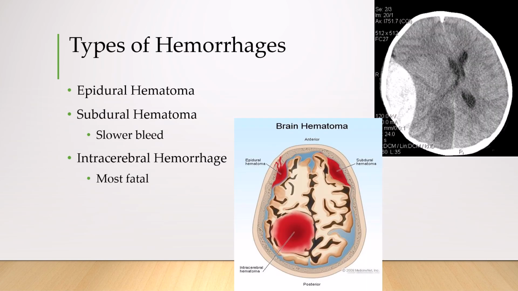The different types of hemorrhages: we have an epidural hematoma, a subdural hematoma, and an intracerebral hematoma. That is the most fatal. When it comes to a subarachnoid hematoma, very, very often you will see this patient on a calcium channel blocker drip. And I'm going to spell the medication for you.